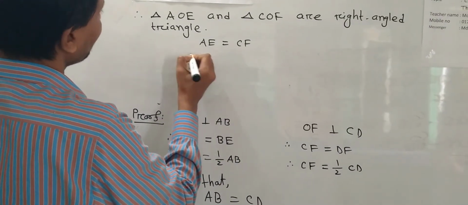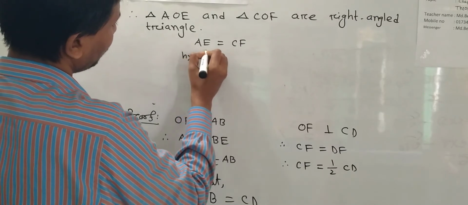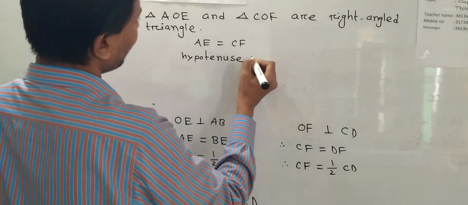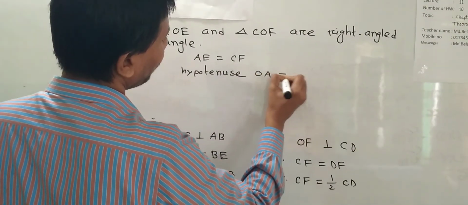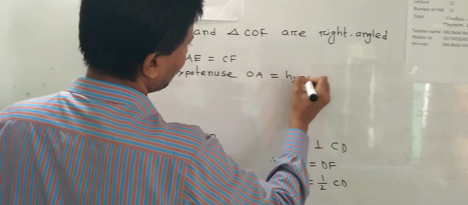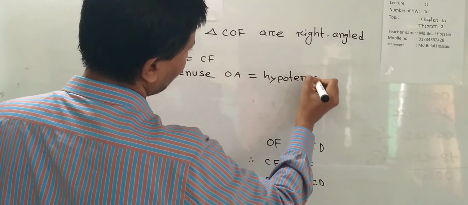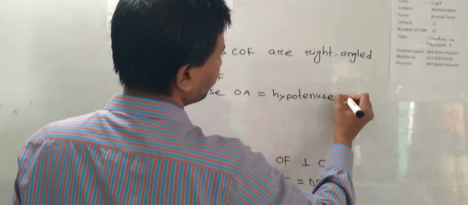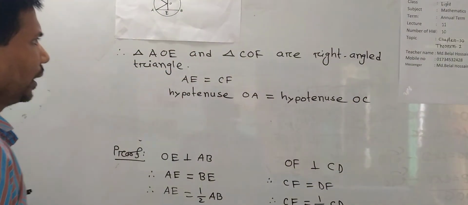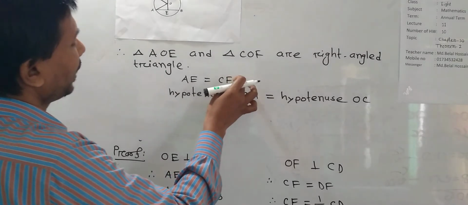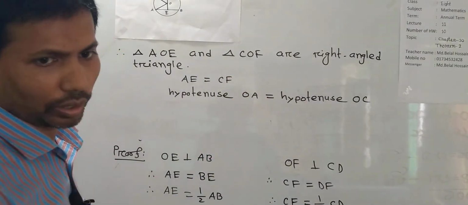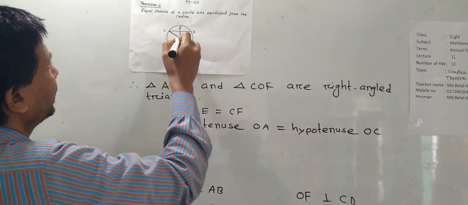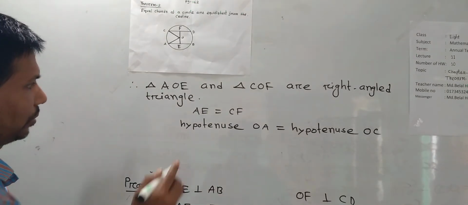Then hypotenuse OA equal to hypotenuse OC. Okay, look, in right triangles, one side equal and the hypotenuse equal, therefore we can say that these two triangles, AOE and COF, are congruent.